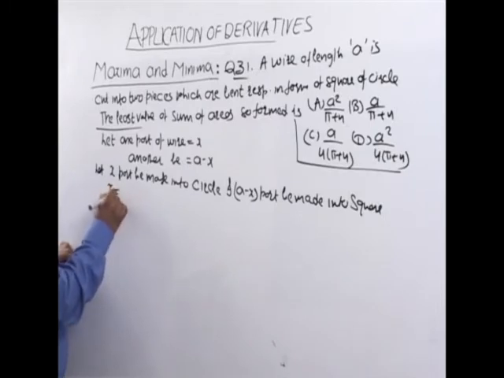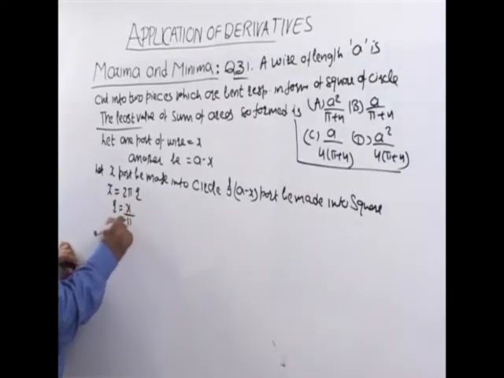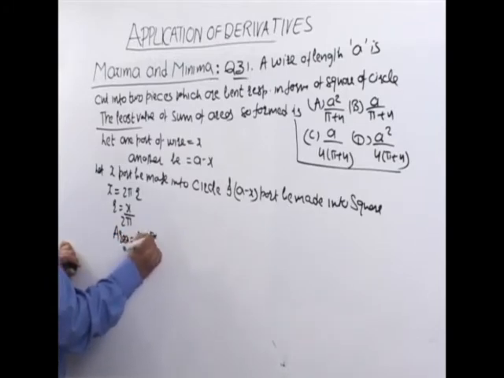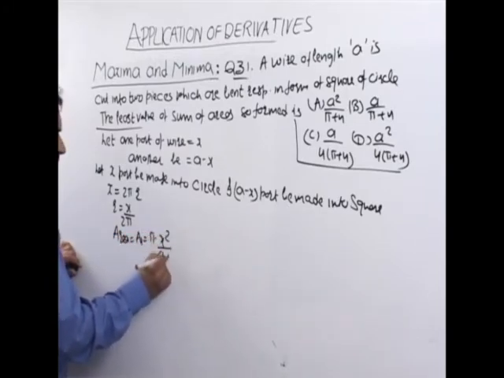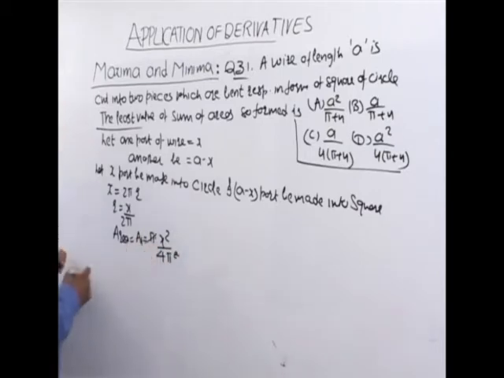Now I can say x is equal to 2 pi r. R is a radius, this is a circumference. R is equal to x upon 2 pi. And area A1 is equal to pi r square, which is pi x square upon 4 pi square.